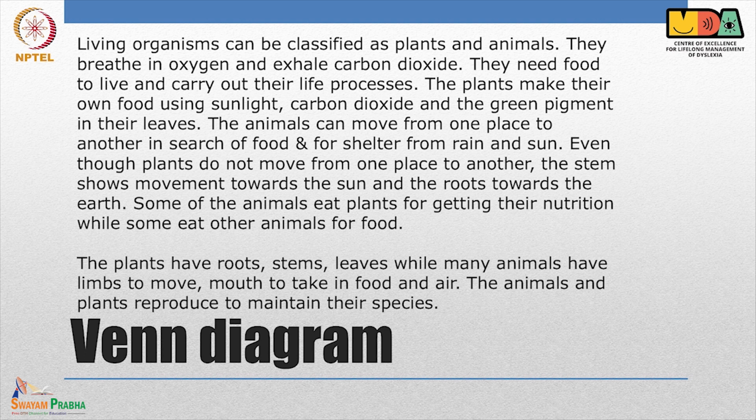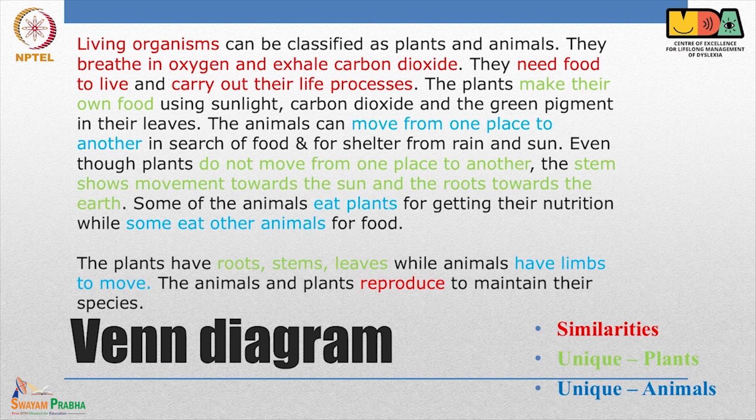I am just going to verbalize the points that need to go into plants, the points that need to go into the area that belongs to animals, and the common area in between. So, the first sentence is: living organisms can be classified as plants and animals. Living organisms is common to both, so it goes into the intersecting part.